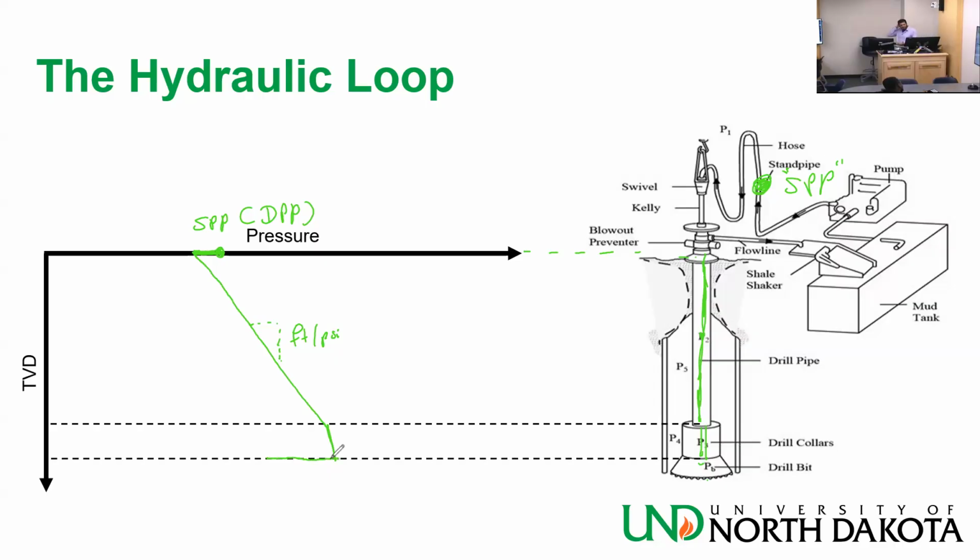Like this. And this is PB. Now, going back up, I'm at the annulus between the drill collars and the drill pipe. I'm going up, and I'm losing pressure because I have less fluid above me as I move, and I also lose pressure to friction.